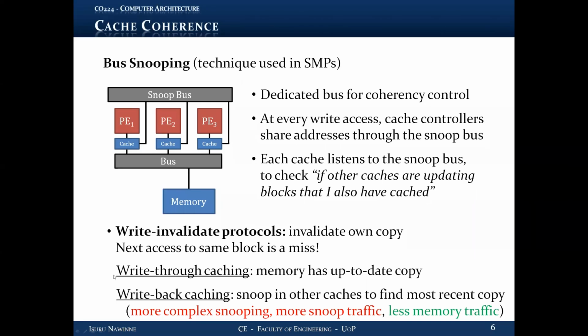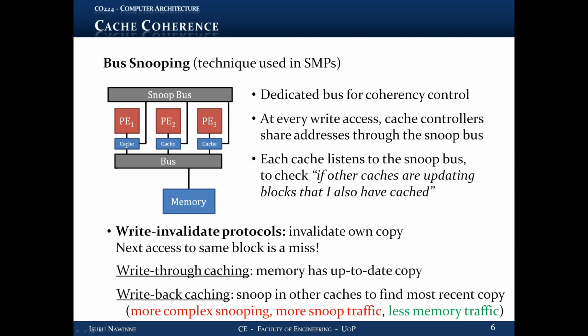When the write policy of the system is write through, memory is going to have the up-to-date copy, right? Like we saw in the previous slide, if the write policy is write through, you can fetch the missing data block from the memory itself. If the write policy was write back, then memory is also going to have the old, stale value.